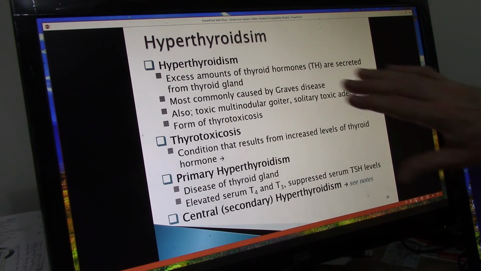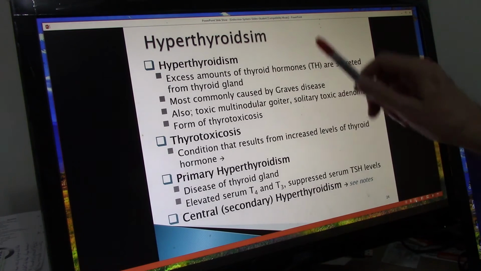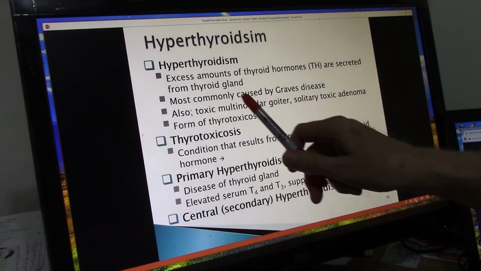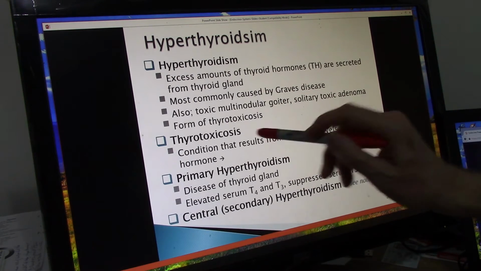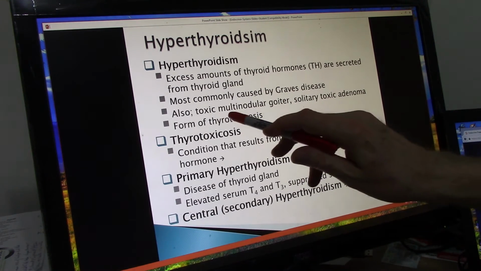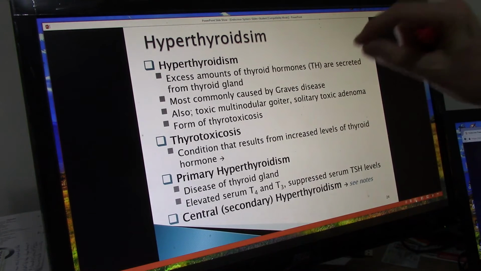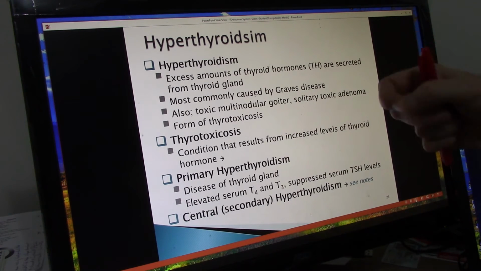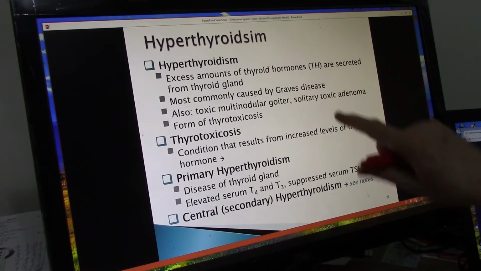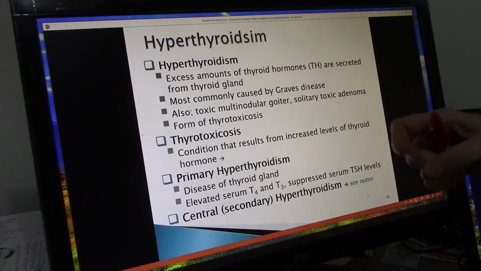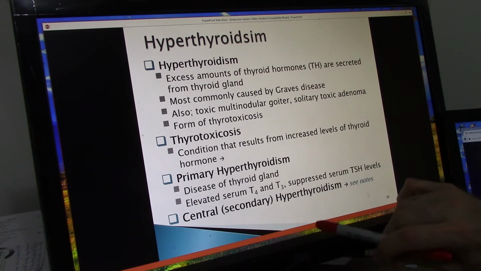Okay, so here is hyperthyroid, which is too much thyroid hormone. And this can most commonly be caused by Graves' disease, but can also be caused by what we call multinodal goiter, which are little toxic hypersecreting nodes of the goiter. Okay, or a single adenoma, a single tumor there.